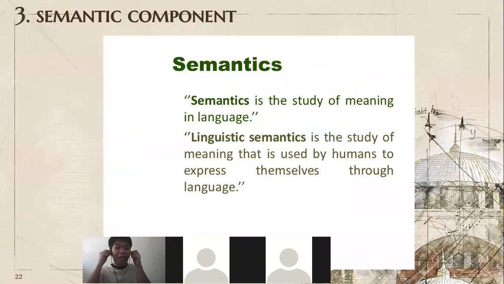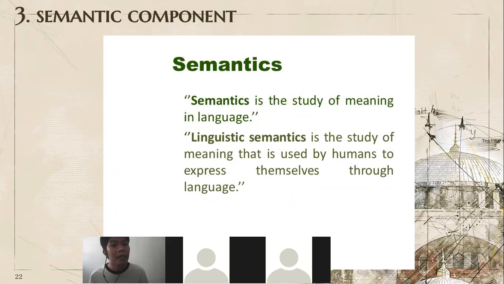We also have semantic component. So semantics, it is the study of meaning in language. Linguistic semantics is the study of meaning that is used by humans to express themselves through language. So basically, when we say semantics, it's about the meanings of a word, the literal meaning, because we also have what we call pragmatics, the figurative or connotative meaning of words.